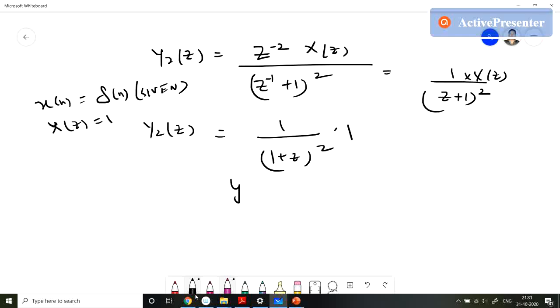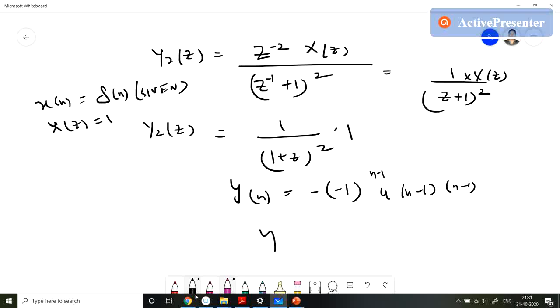If we solve this problem, we can easily find that the solution of this problem is y(n) equal to minus 1 raised to the power n minus 1, u(n minus 1), multiplied by n minus 1.